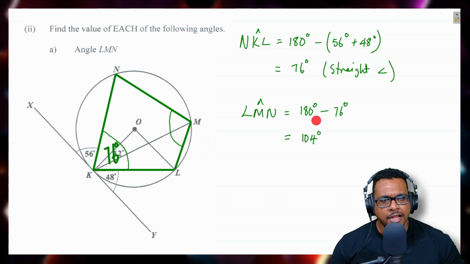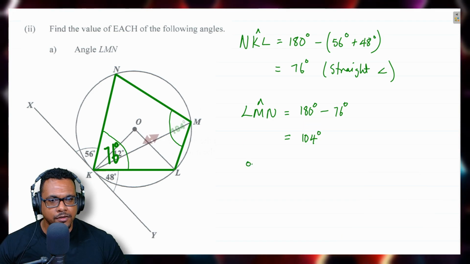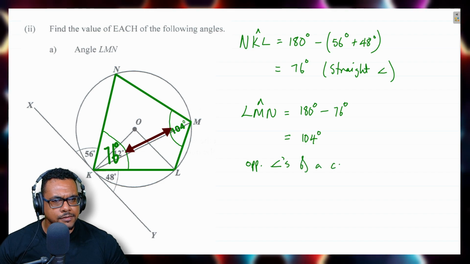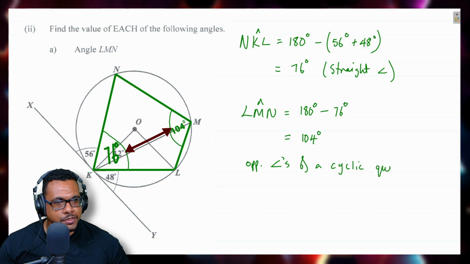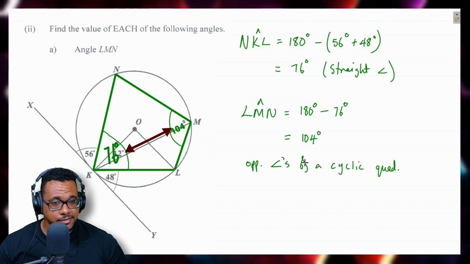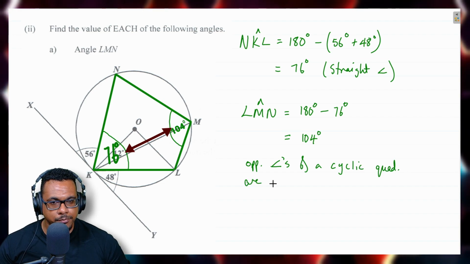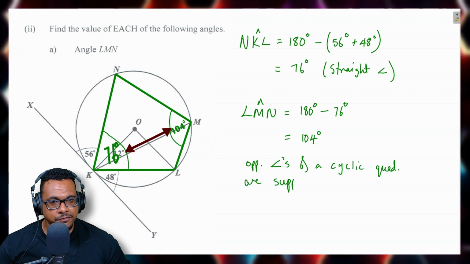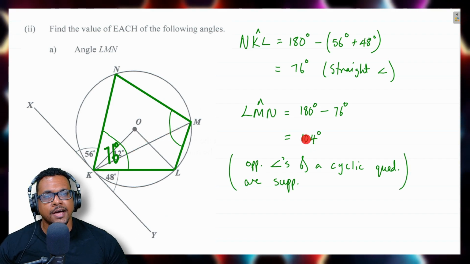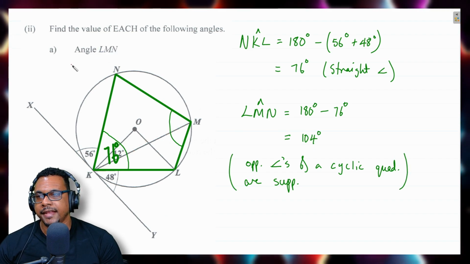And for this one, I'll write the opposite, OPP for opposite, angles of a cyclic QUAD full stop, which is short for quadrilateral. So opposite angles of a cyclic quadrilateral are supplementary. I'll put SUPP full stop for supplementary.